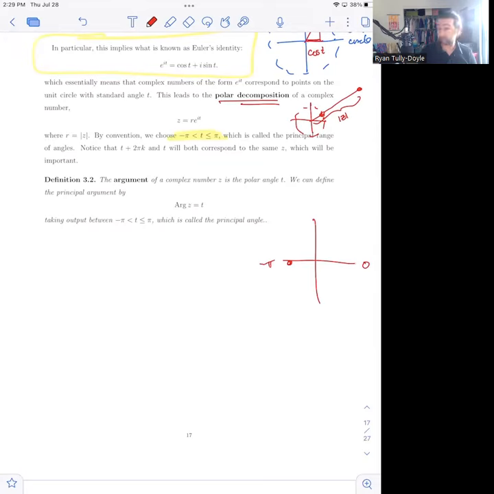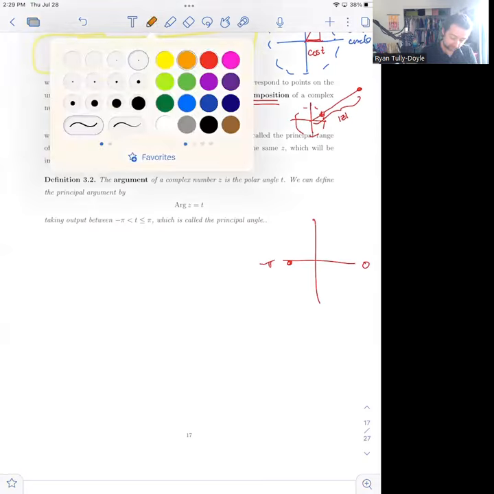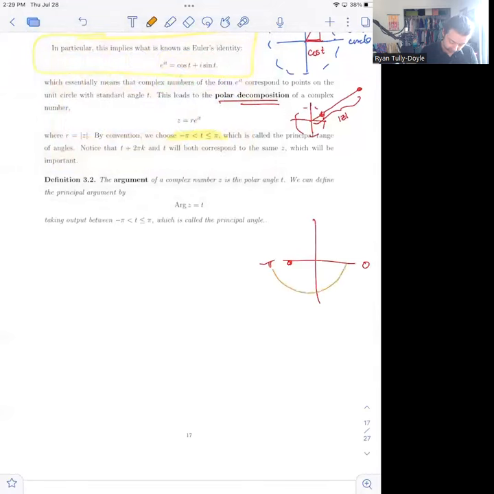So the positive real axis is 0 radians. We start here at minus pi, and we come around the circle until we come back to pi. And the negative real axis, we approach that from the top, that is from the pi side, but not from the minus pi side.